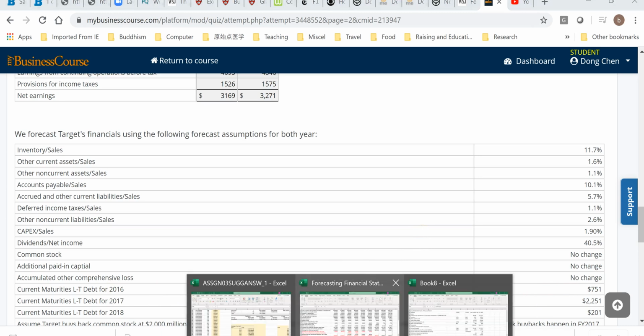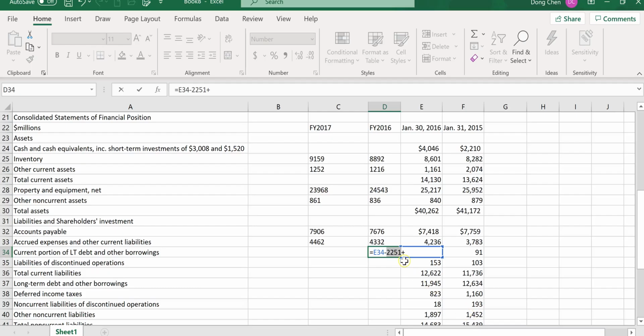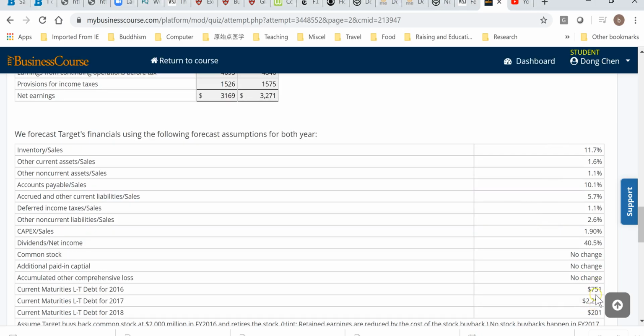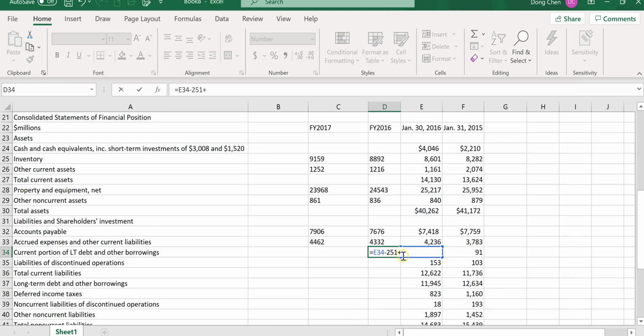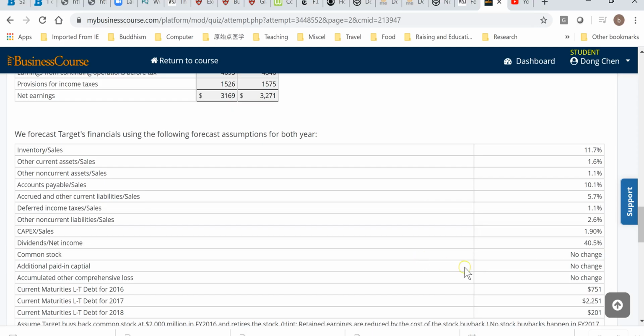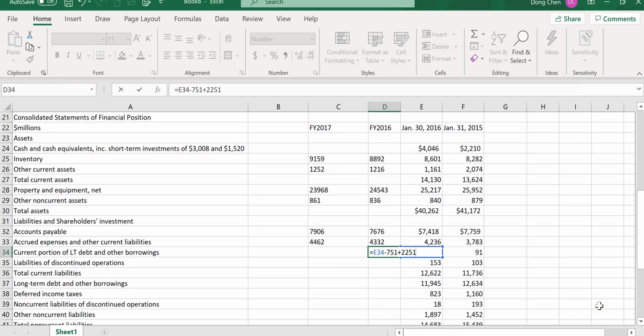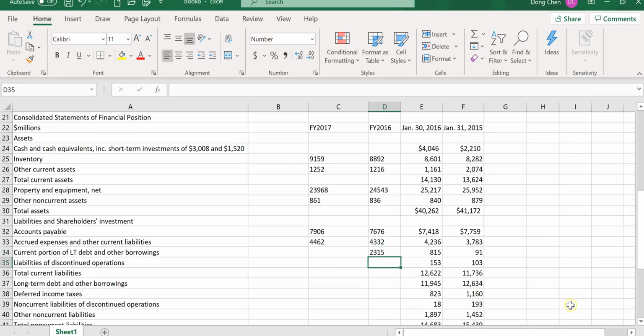So that's what we should use. So this is going to be 751, sorry, it's 751, and then we should also add the next year's 2,251 number. And that's going to be the current portion of long-term debt and other borrowings for the next year.